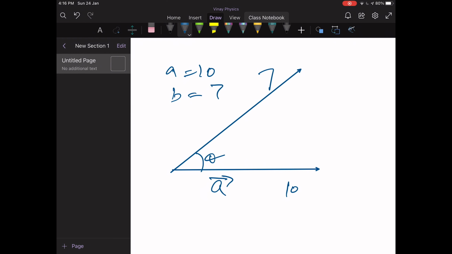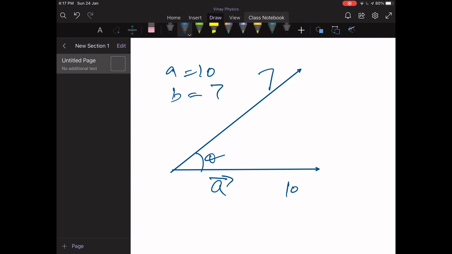Now ideally if we wanted to take their addition, to find the magnitude, the vector A is nothing but vector A. So we can take the vector B and write it as its components.